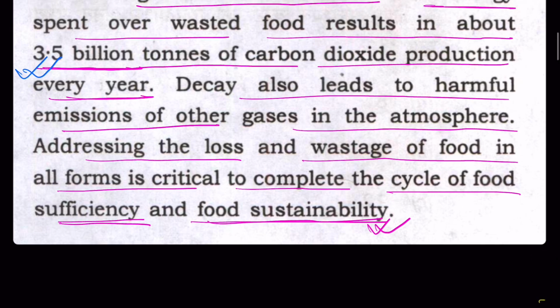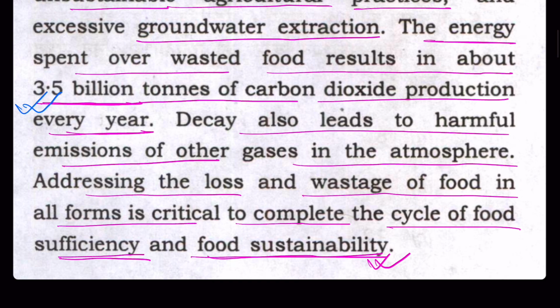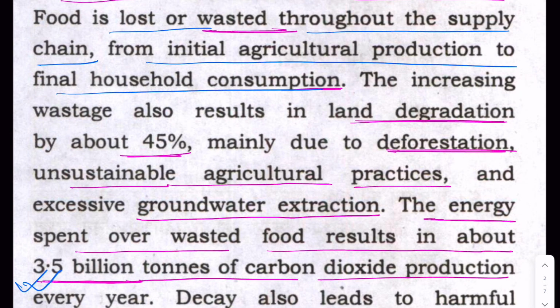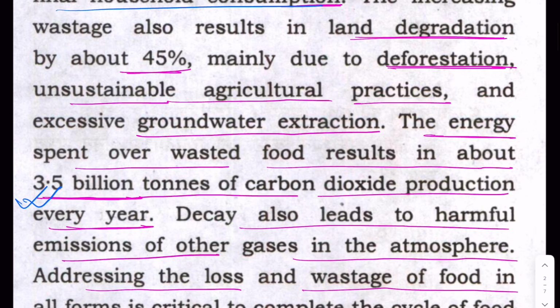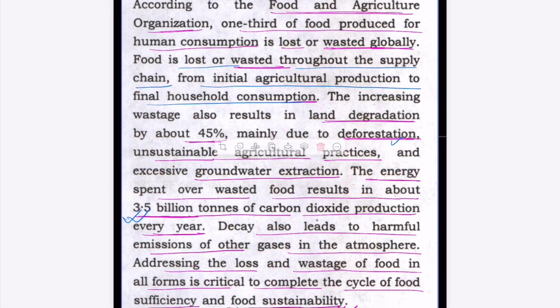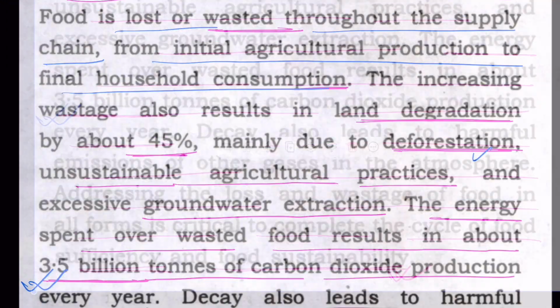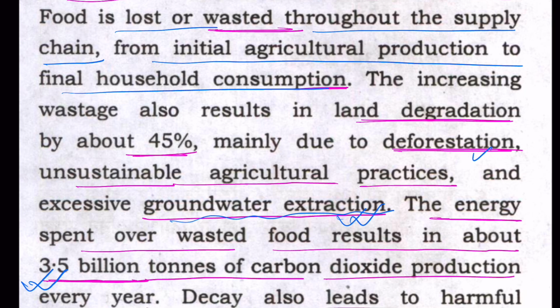Passage says that food is being wasted. If we reduce the carbon footprint, the way food is being produced, our carbon footprint will come down, right? Supply chain, right? The deforestation, water extraction, groundwater extraction, all these things are being talked about.